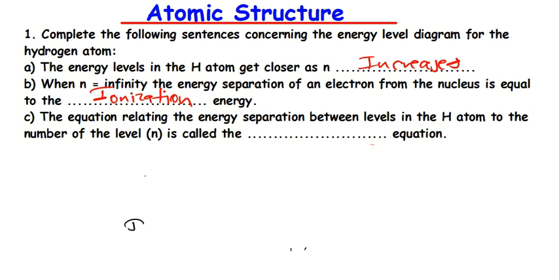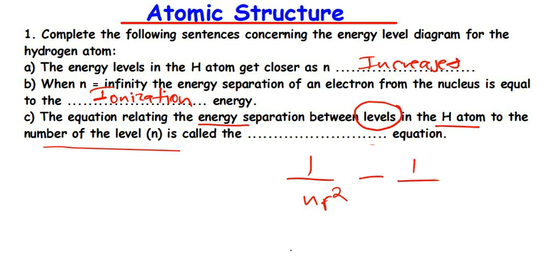And then C: the equation relating the separation between the levels in the hydrogen atom to the number of the level n is called the dash equation. We're looking for an equation relating the energy separation between the levels in the hydrogen atom. So what you're trying to picture is something like this: 1 over n final squared minus 1 over n initial squared.